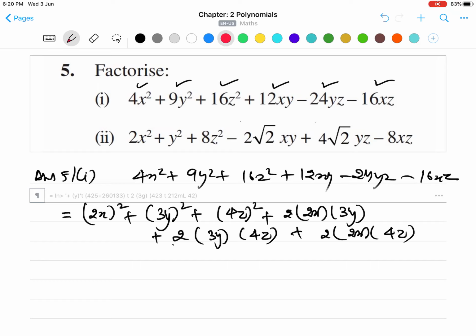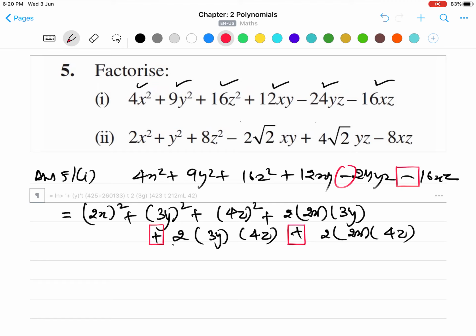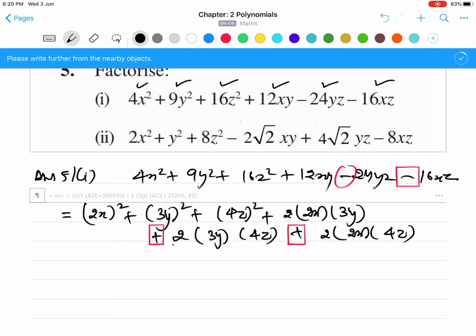But you will notice one thing here, that the sign here is minus and here also minus, but in the formula we have plus on both sides. That means one of the terms, either x, y or z, has to be negative. Here we have variables x and y, and the sign in front of them is positive.